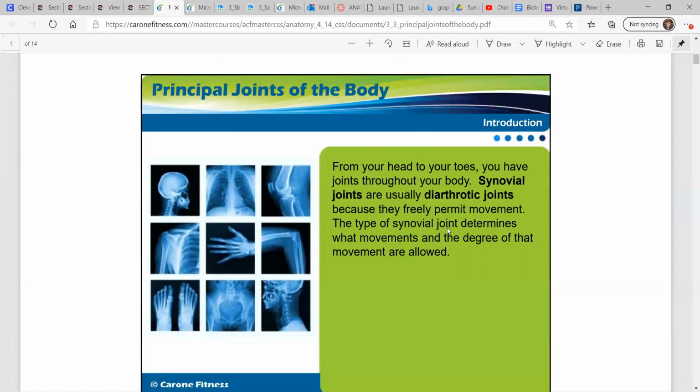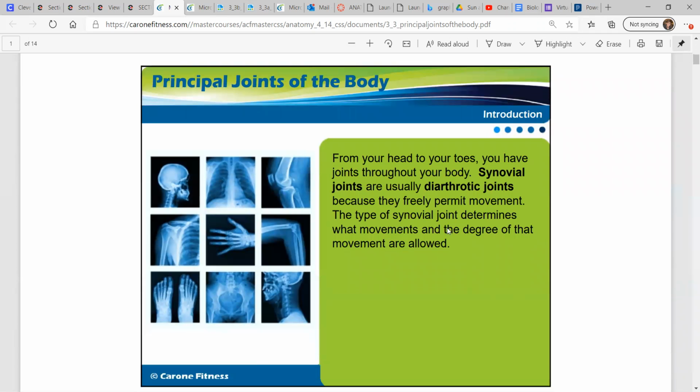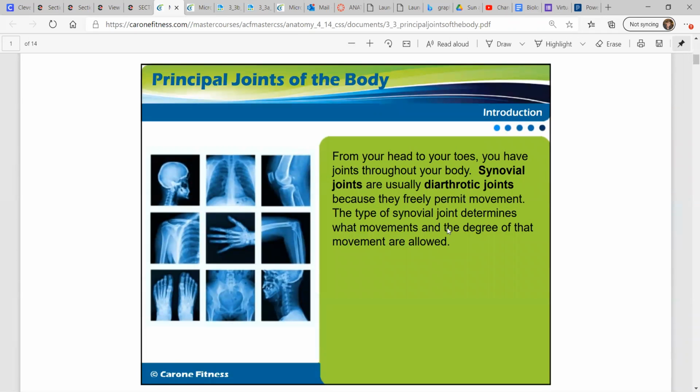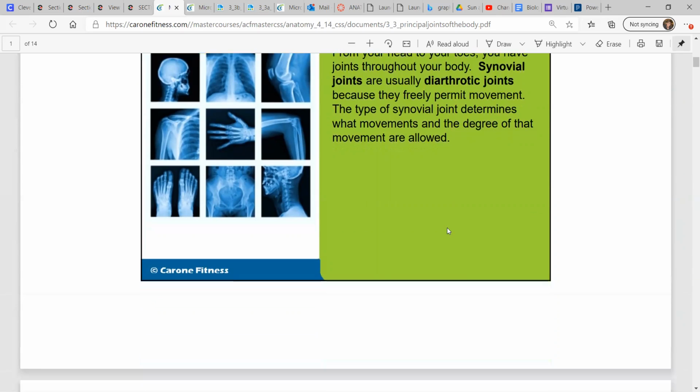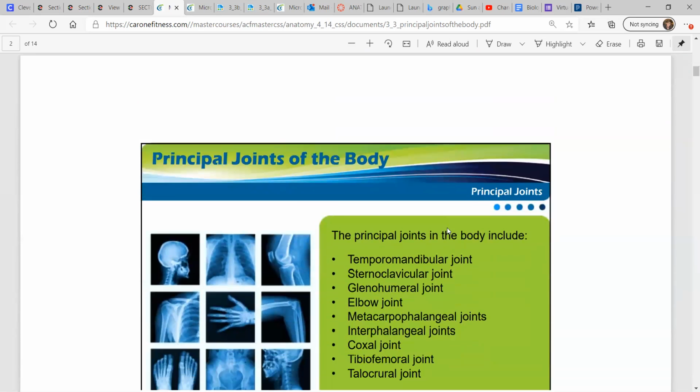Principal joints, from your head to your toe, you have joints all throughout your body. The synovial joints are the very movable diarthrotic joints, and they can go all over the place. Well, for the most part.